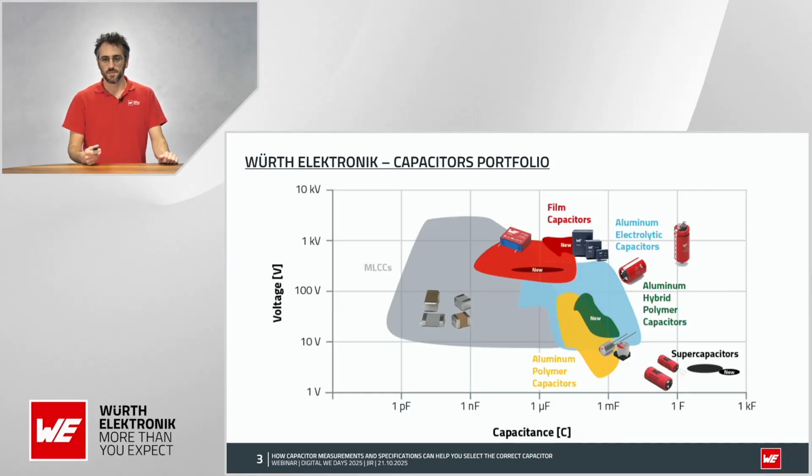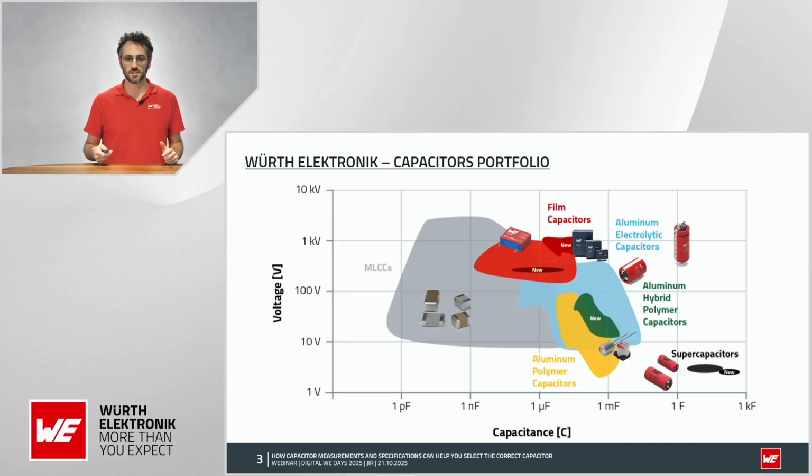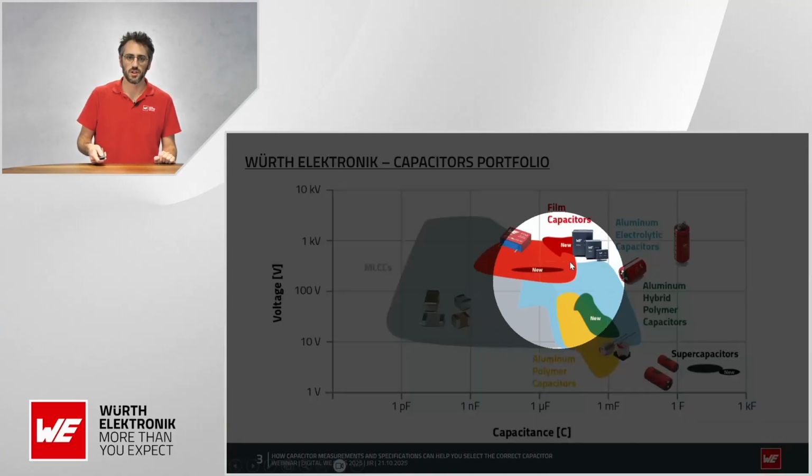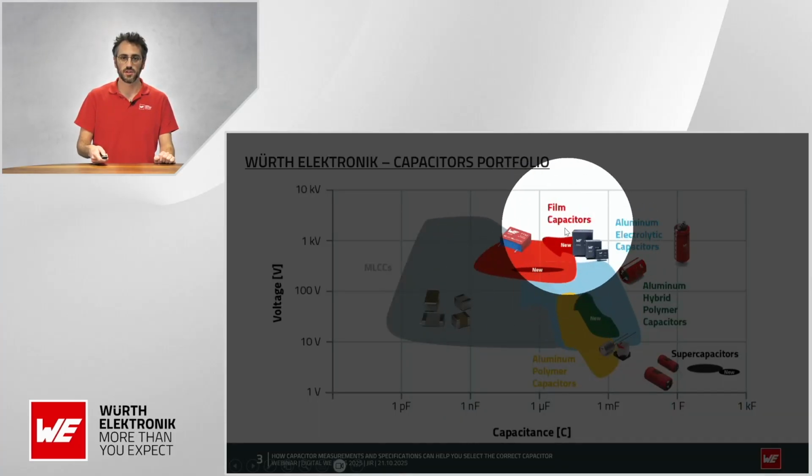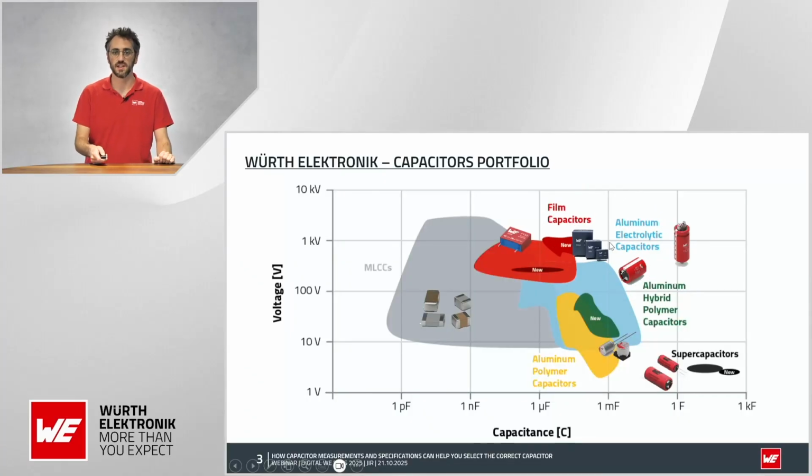So first of all, this is our portfolio. At World Electronic, we have a wide range of capacitor technologies. As you can see in this image, voltage and capacitance ranges. You can see that we have a wide spectrum of MLCC in gray, but also for high power, we also include the thin film capacitors, including the high voltage, high capacitance DC link capacitors for high power applications.